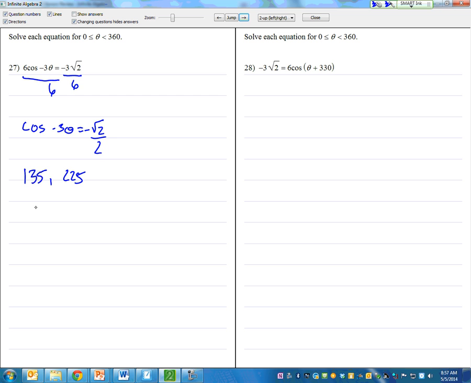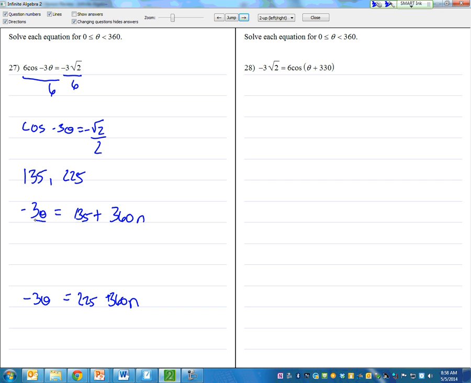Now I have to write my equation. So it's going to be negative 3 theta equals 135 plus the period of cosine, which is 360 times n. The second equation I'm going to write is negative 3 theta equals, instead of 135, 225 plus 360 n. And then I'm going to solve this for theta.